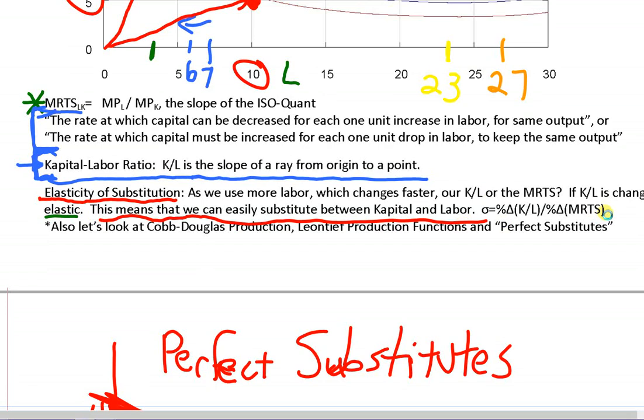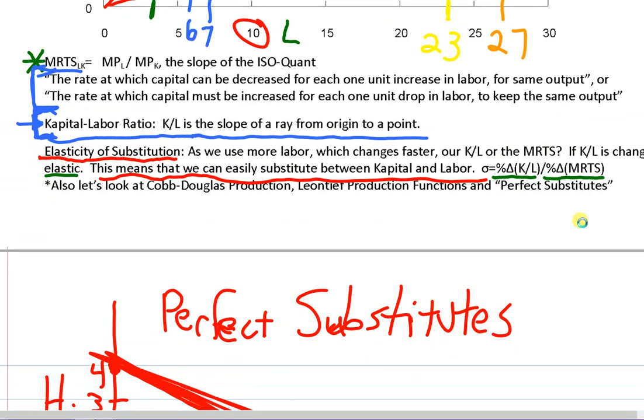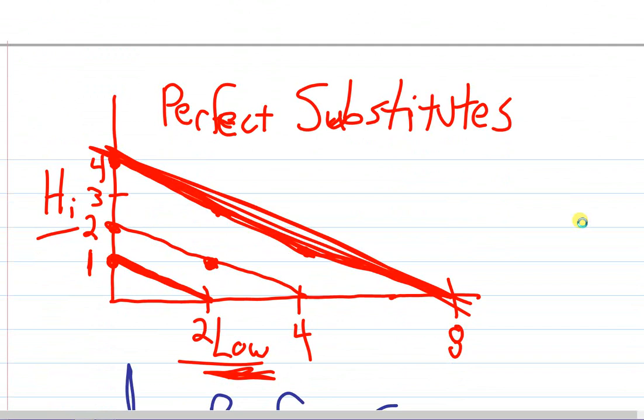I know it's bringing so many ideas together, it's hard, that we take by what percent at each point, by what percent is your capital to labor ratio changing compared to, a ratio, compared to by what percent is your marginal rate of technical substitution changing. So we're just asking how fast is capital to labor ratio changing compared to how fast our marginal rate of technical substitution is changing. Let's look at these two extreme cases here to see what this means.